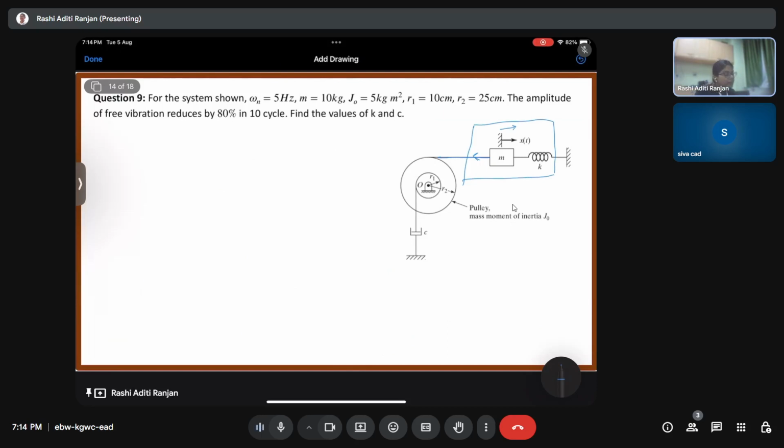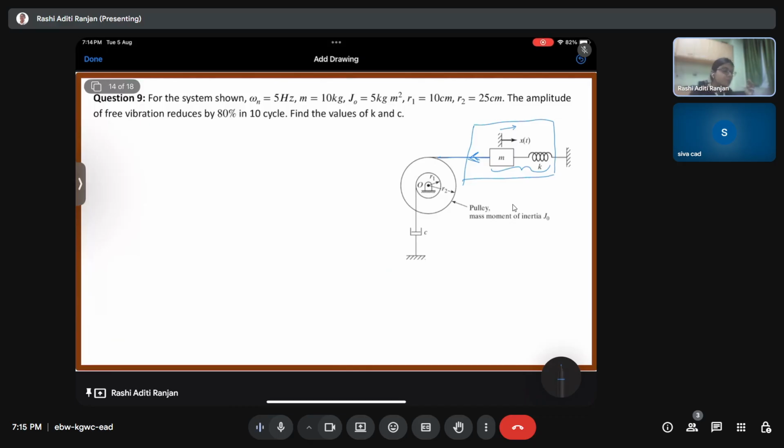Okay. But what is going to be the value of the tension, right? We can evaluate it on the basis of what? On the basis of this mass and stiffness, right? So if the mass is moving in this direction, I'm going to have the inertia in this direction.